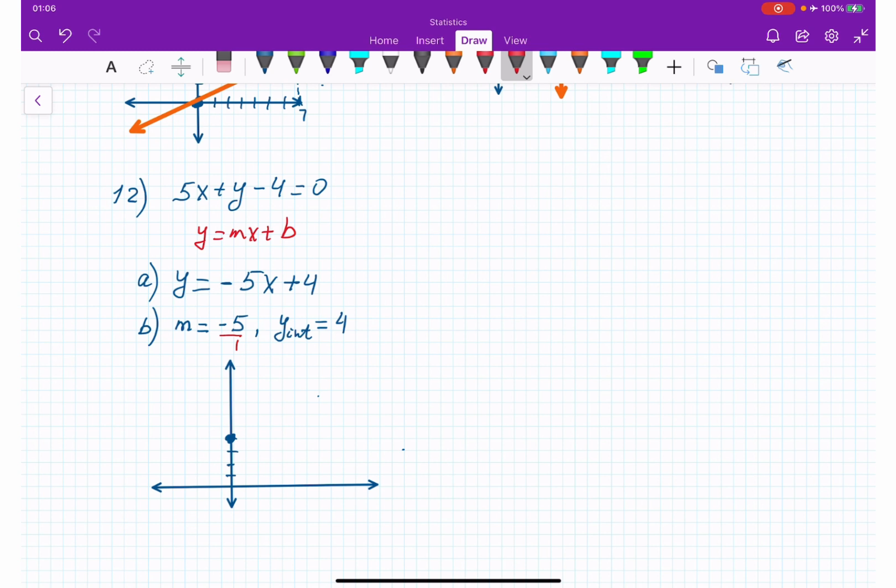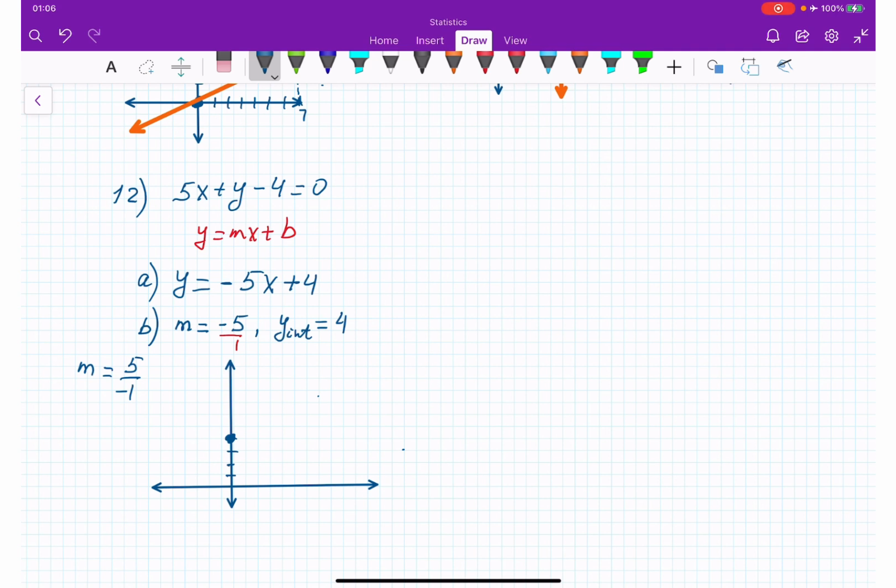Instead of negative 5 over 1, I'm going to use positive 5 over negative 1. Why am I doing this? Because I already left enough space here on the y-axis to move up. That's all.